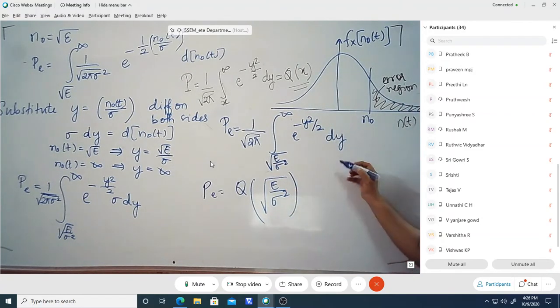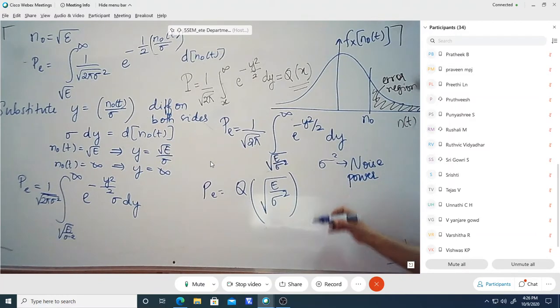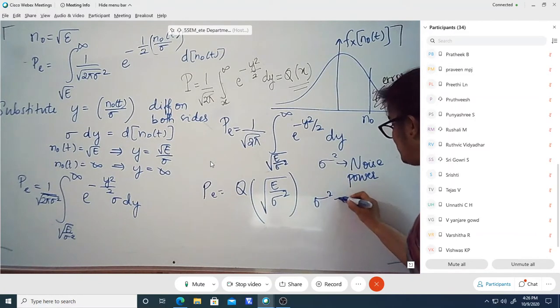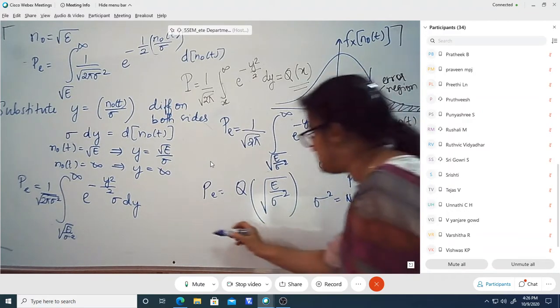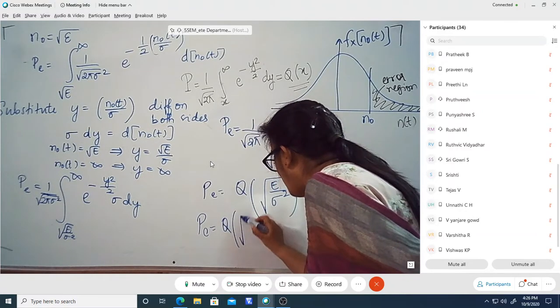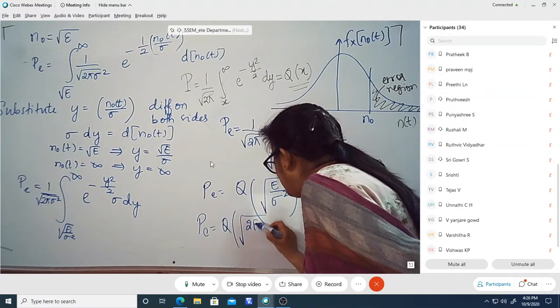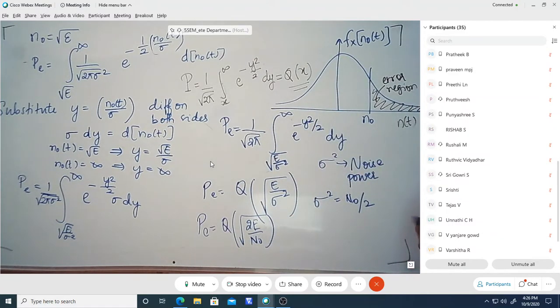What is this sigma square? Sigma square is the noise power. As we know, for double-sided noise, sigma square is equal to N naught by 2. Substituting this, I get PE is equal to Q of root of 2E by N naught. This is the same expression that we got yesterday.